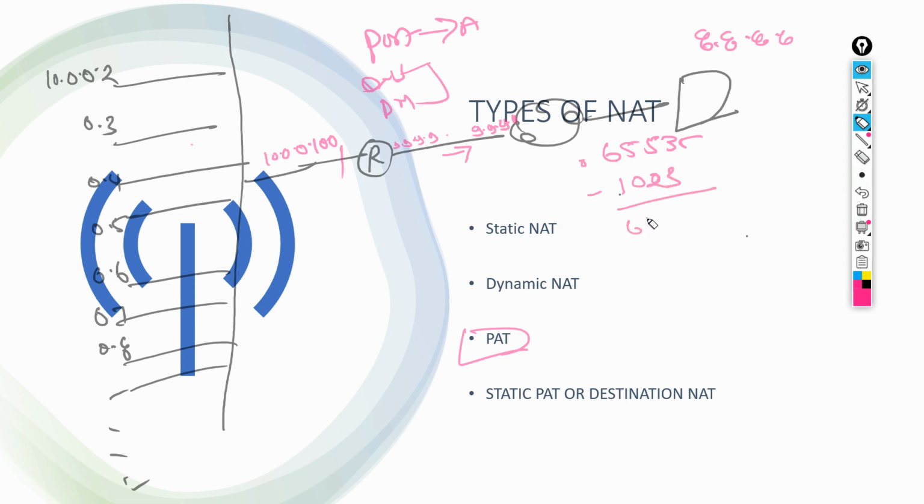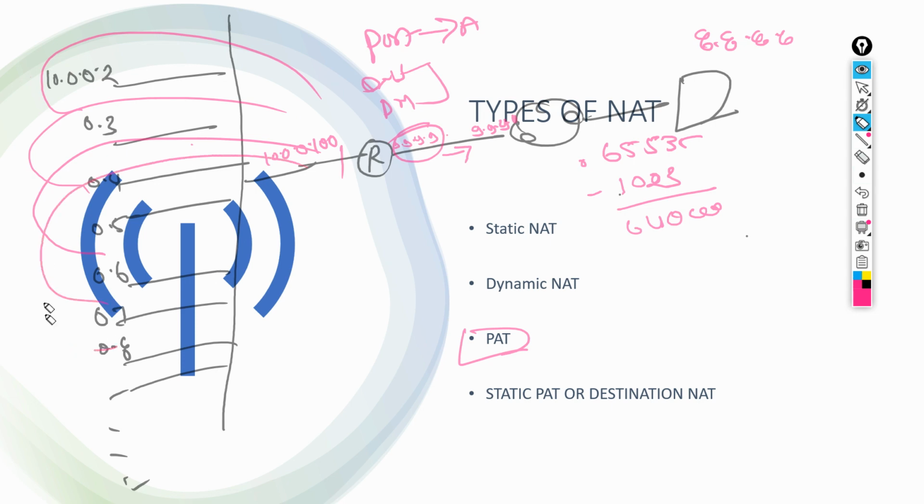So around 64,000 ports remain, which means 64,000 connections can be handled by your single public IP address by using port address translation. How will it work? Let's suppose a packet is coming from 10.0.0.2.